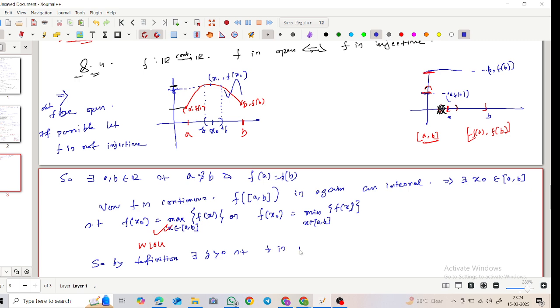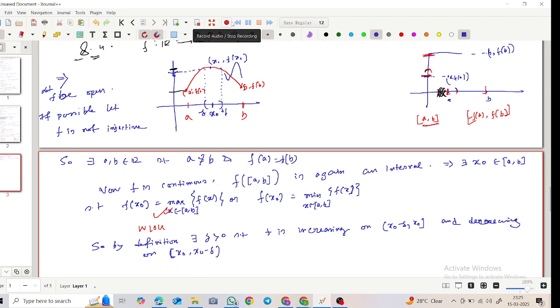such that f is increasing on (x naught minus delta, x naught) and decreasing on (x naught, x naught plus delta).